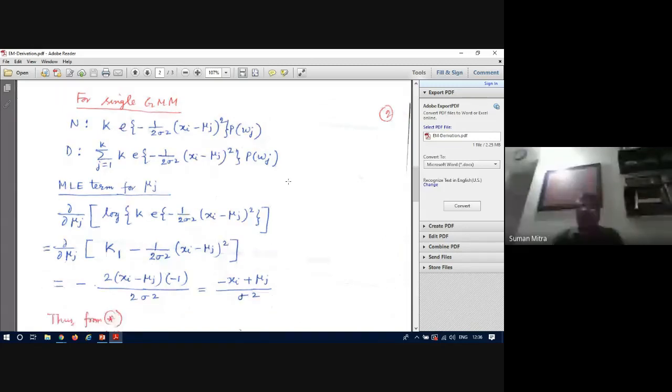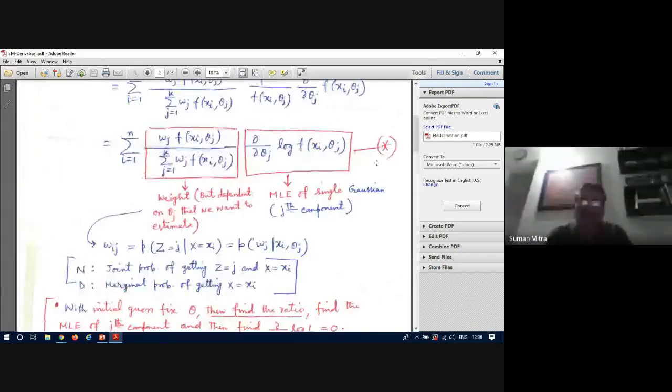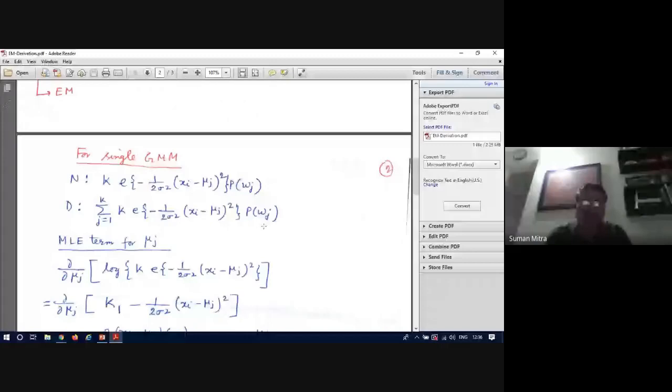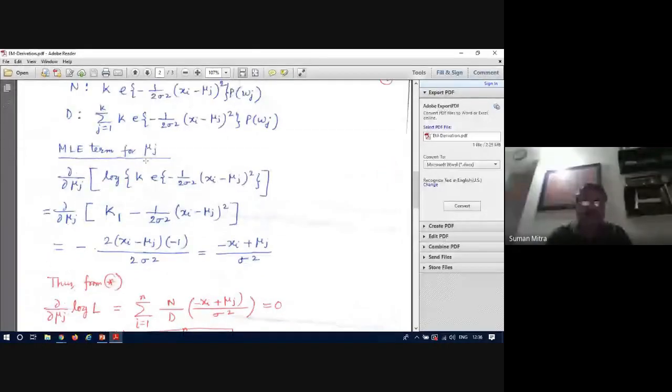Right? And what is MLE? Because this star is my main M. So we have to find this, assuming the Gaussian. So what is del mu j of this? Log k e to the power minus half x minus this. So again, as earlier, log of this will be a constant.